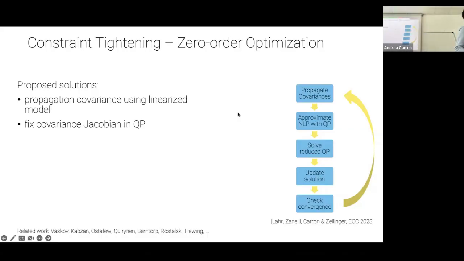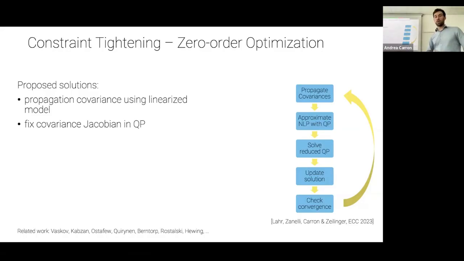Then we perform the approximation of the NLP to a QP as done in standard SQP. And then we solve the QP, but we don't optimize over the covariance. So we fix the covariance. In this way, we reduce the number of optimization variables. And then the rest is the same. So we have the solution, we check for convergence, and we repeat.